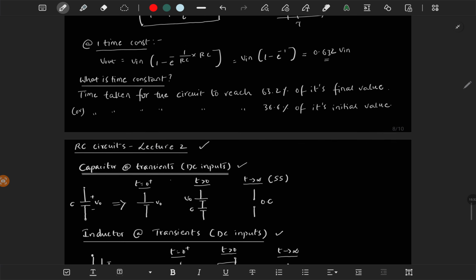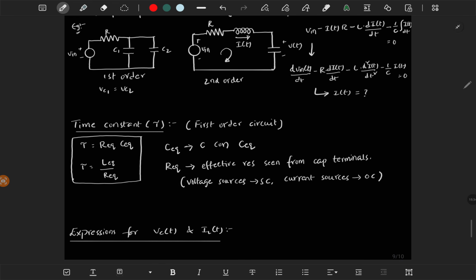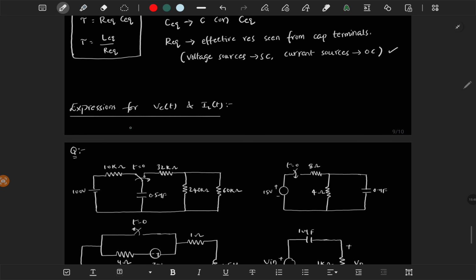Similarly, you can find L equivalent and R equivalent also. Here R equivalent is the effective resistance seen from the inductor terminals. So this is done.